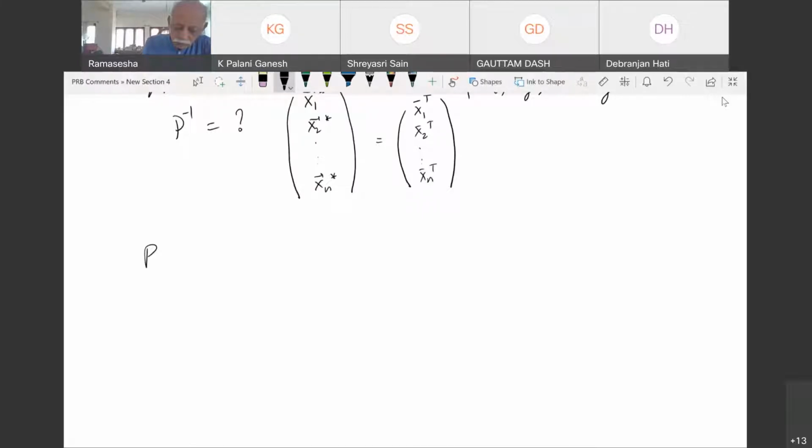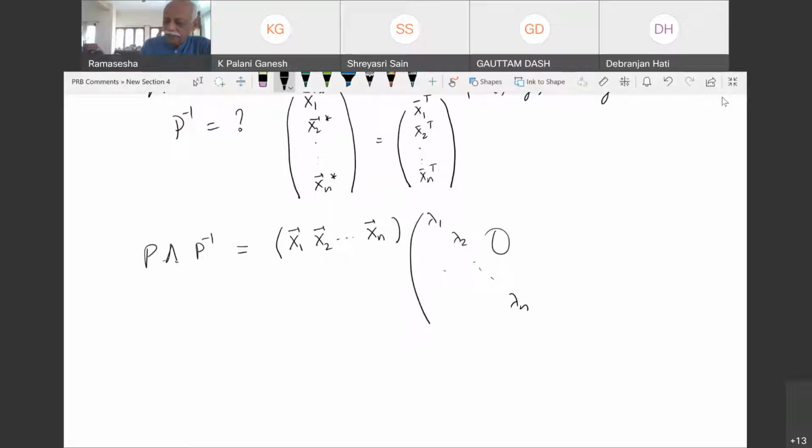This is equal to x1, x2, ..., xn. So that is P times the diagonal matrix with lambda 1, lambda 2, etc., lambda n and zeros elsewhere. I have x1 bar transpose, x2 bar transpose, etc., xn bar transpose.